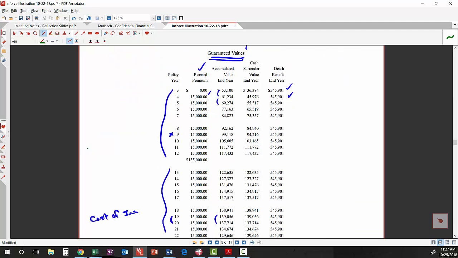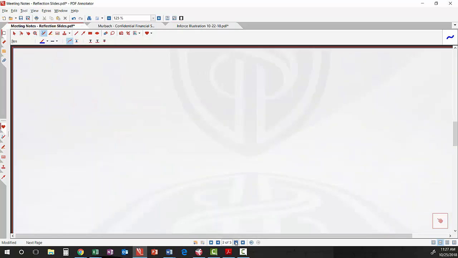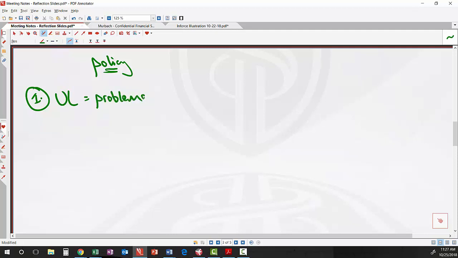Okay, so we've got a couple of things here. Let me jump back to this slide, and I'll sketch out just a couple of things. Puzzle piece number one is our policy. UL equals problematic, for all the reasons that I just explained.